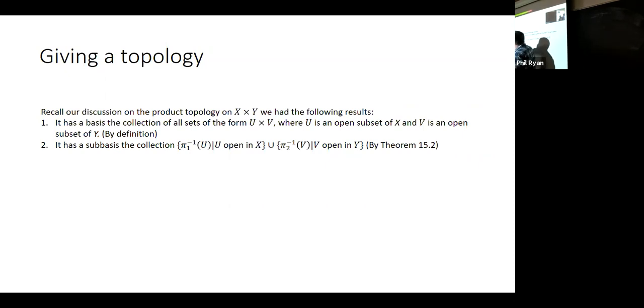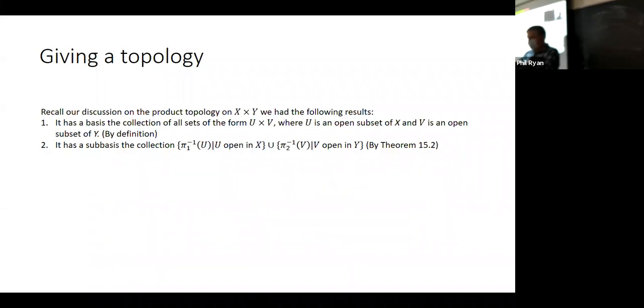It's going to equal U cross Y. This is going to equal X cross V. So when you just take the inverse image of an open set, there's the open set in its alphath place, and the rest of the space is going to be the full topological space, the X alphas for all the other places, right?